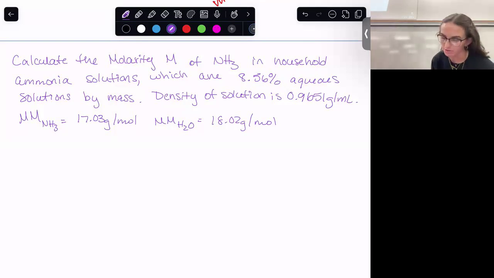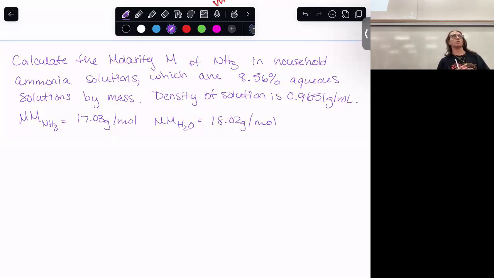All right, so we have: calculate the molarity M of NH3 in household ammonia solutions, which are 8.56% aqueous solutions by mass. We know the density of the solution is 0.965 grams per milliliter, and we're given our molar masses. Okay, so kind of similar to what we just did, but a little different.